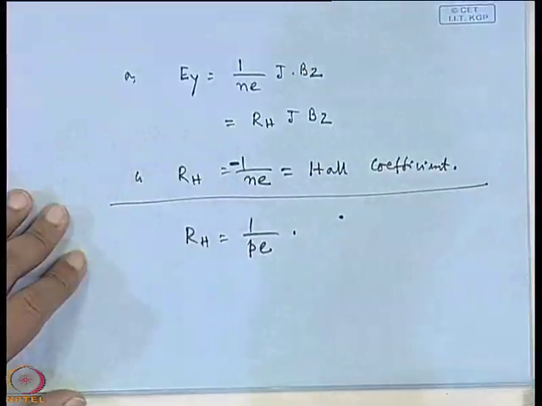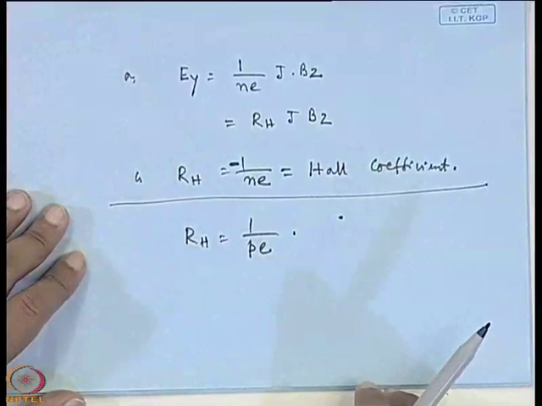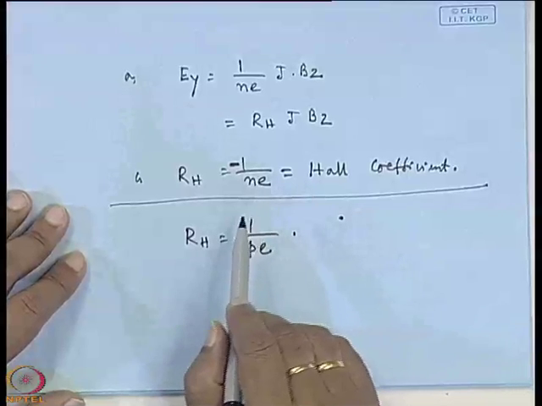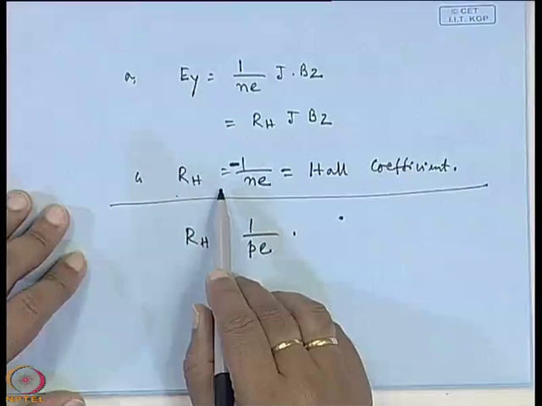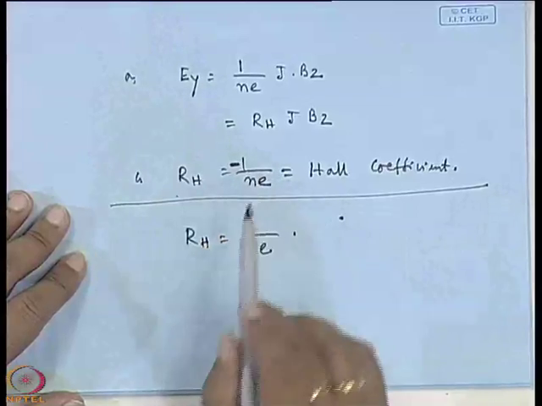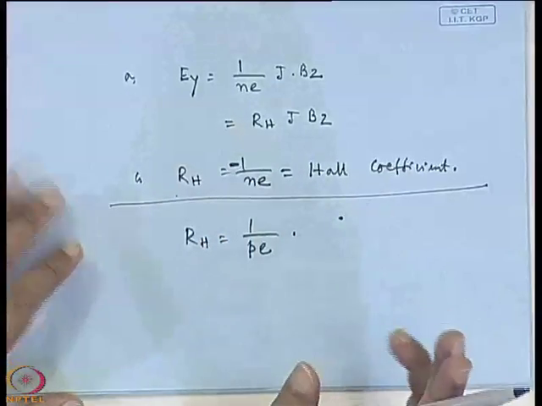But if you take a p type or an n type semiconducting bar, then the only difference will be that the Hall coefficient will be positive for p type semiconductor and negative for n type semiconductor because of the charge consideration.